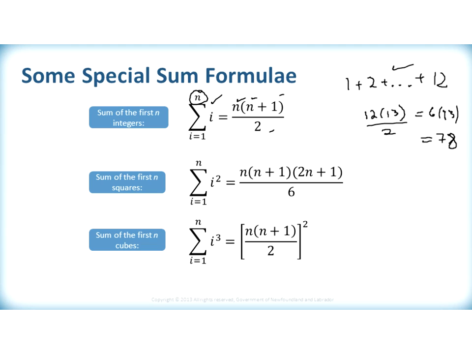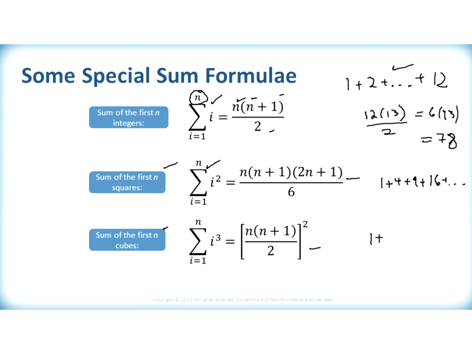So it's a shortcut formula for finding the sum of the first 12 integers, or the first n integers in general. These next two are similar, and their formulae are a little more complicated, but instead of just finding the sum of the first n integers, this first one gives us the sum of the first n perfect squares. So if I wanted to find the sum of the first 4 perfect squares, I'd be adding up 1, and 2 squared is 4, and 3 squared is 9, and 4 squared is 16, etc. And the next one is the sum of the first n perfect cubes.